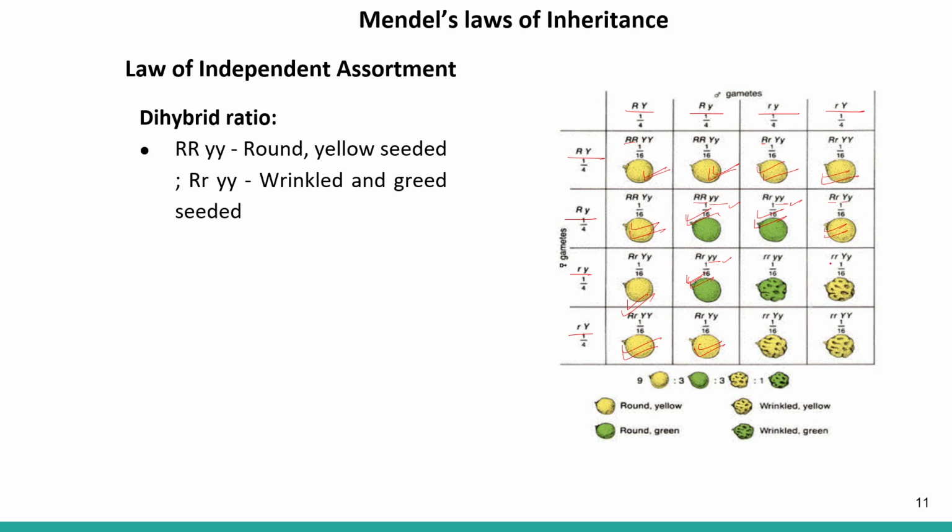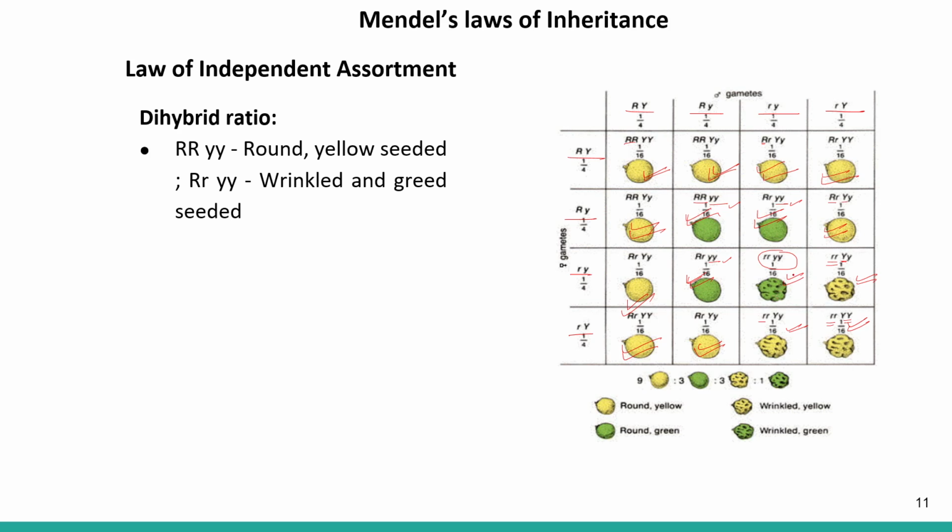Now here comes both the R smaller, but in this case, both the Y is capital. So here three individual will be wrinkled and yellow. And the one that is having small r and small y, that will show the green and wrinkled seed.